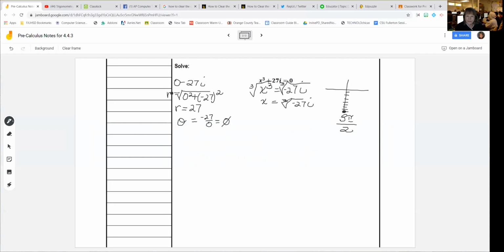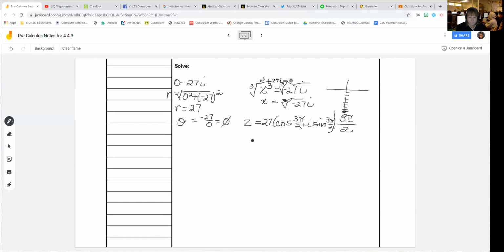Okay, so now I can rewrite this in trig form. So I have z equals 27 cosine 3 pi over 2 plus i sine 3 pi over 2. Okay, I want to find the cube root of this because that's what it says in my equation.